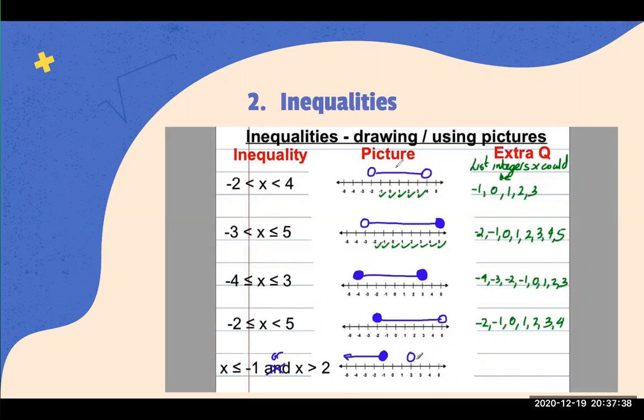So how can we graph an inequality on a number line? If you only have one variable, then you can graph it on a number line.